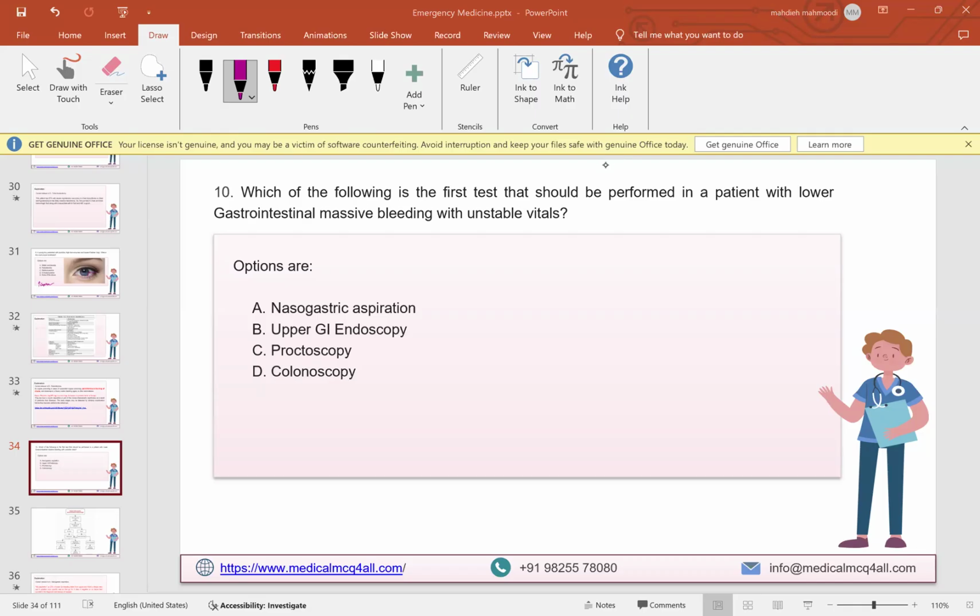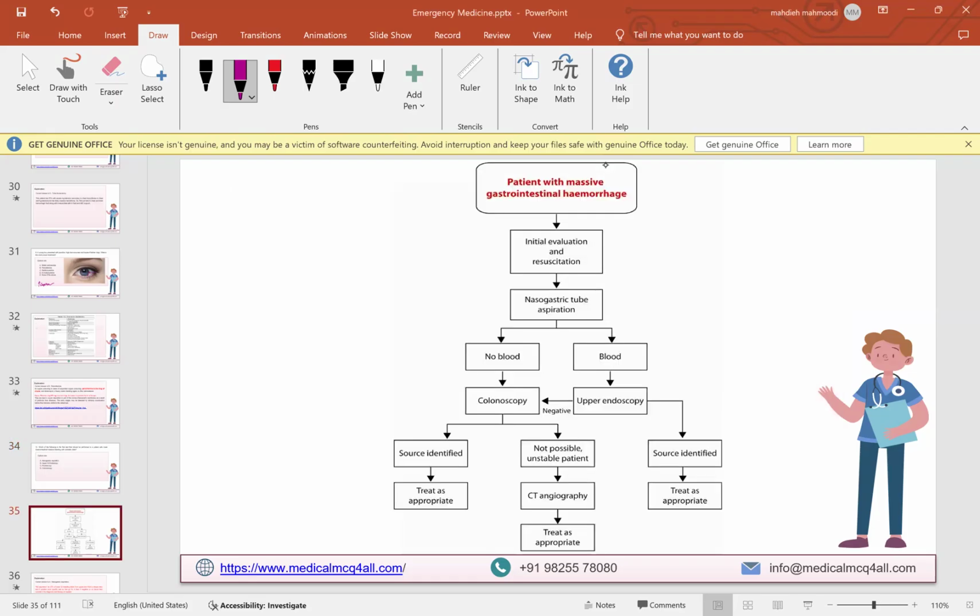Yes. When your patient has lower GI bleeding, this is what you do. Any gastrointestinal bleeding, the first thing, of course, make the patient stable. Second, you insert a nasogastric tube. What do you see in the nasogastric tube? If you see blood in the nasogastric tube, the problem is in the upper level.